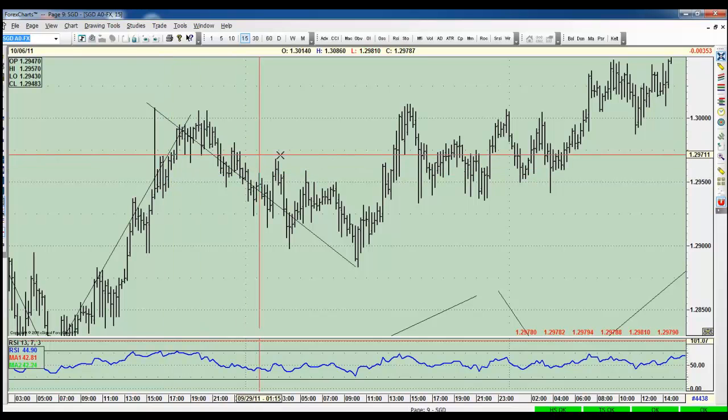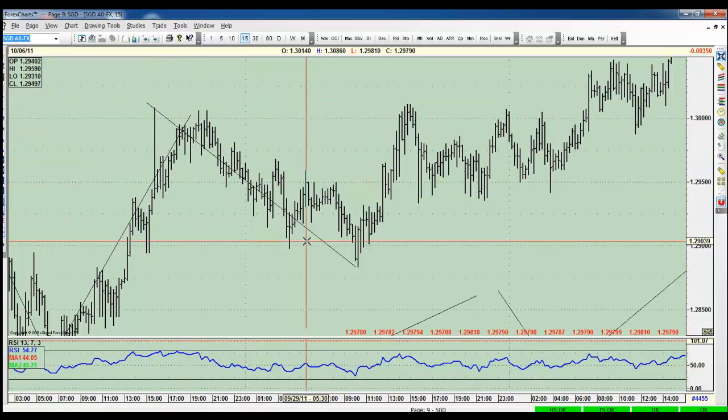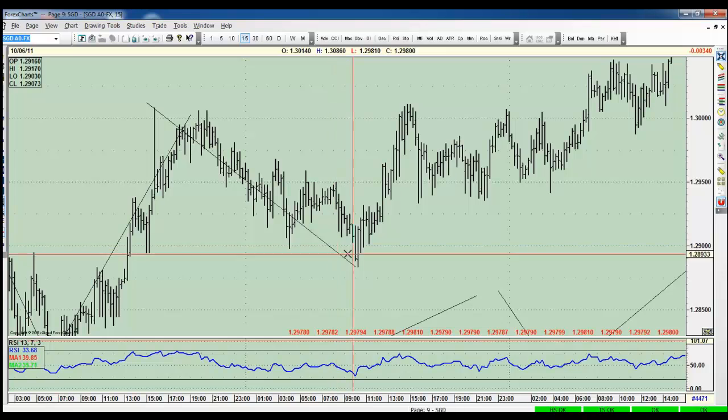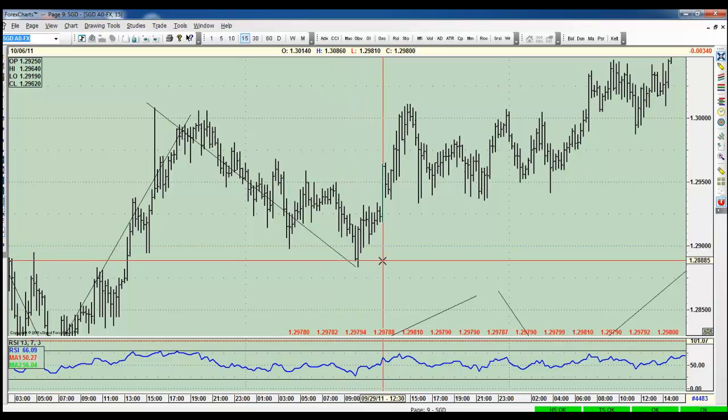Now let's make a point. A leading diagonal or a C-wave diagonal, that we're going to do a video about also, does not give you divergence in the fifth wave, because of the overlapping nature of the move.